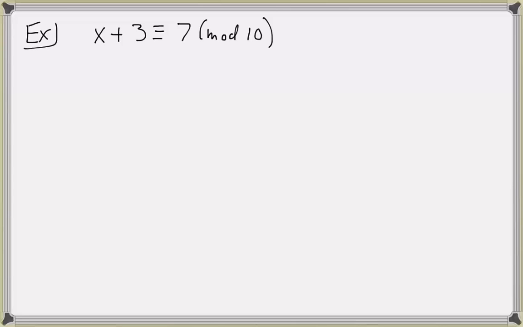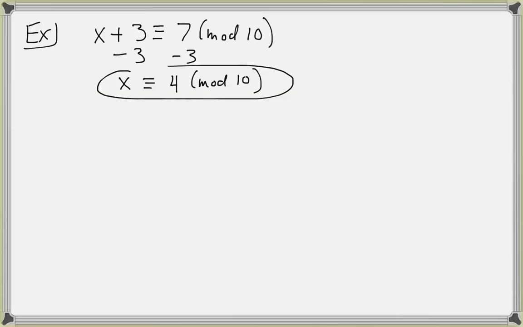If x plus 3 is congruent to 7, then I can subtract 3 from both sides of this congruence. And we see that x will be congruent to 4 mod 10. So any integer that is 4 more than a multiple of 10 will satisfy the original congruence. So this is the solution to this congruence.